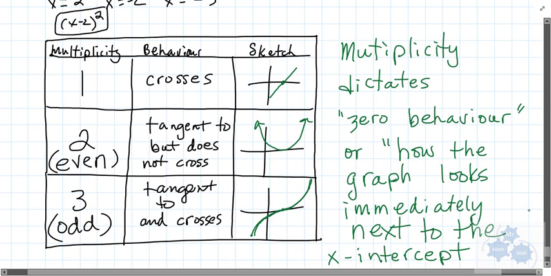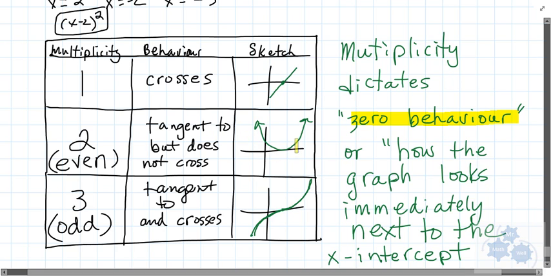So if we just summarize multiplicity, it dictates the zero behavior. And that zero behavior would be a new term that you've heard. And so really what that is is how the graph looks immediately next to the x-intercept. So these are just examples over here, but if it's a multiplicity of 1, it's a straight line immediately around the intercept there.